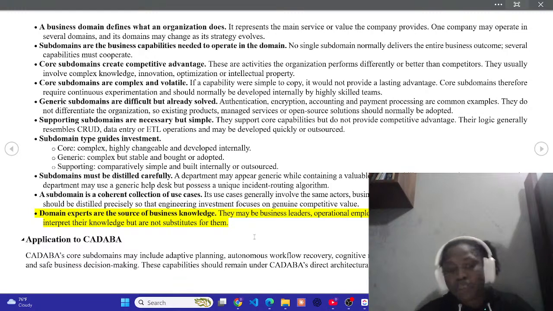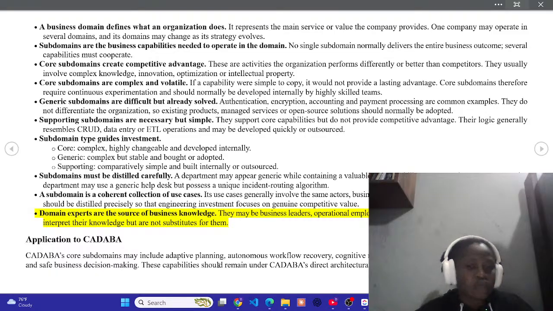And those subdomain knowledge can be what we call the adaptive planning, autonomous workflow recovery, cognitive memory management, because you cannot use the same RAG system for finance and IT operation. Because why? Because the data generated by those systems is different. So you can't use the same data. So you must put this into consideration.